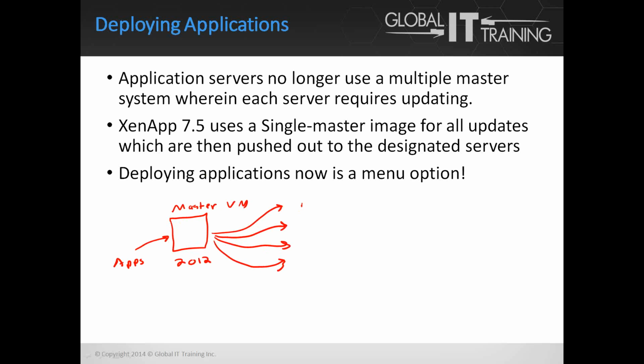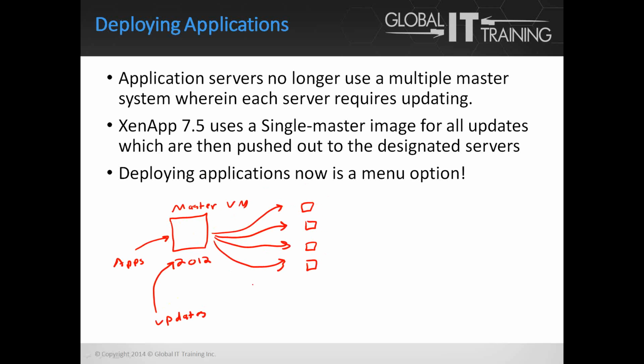So we can have 4 machines, all based on this master machine, so anything that's on this will be on these machines. When I need to put in a new application or an update, I apply my updates onto this system here, and then I push them out to all the machines, and all the machines will automatically have those updates.